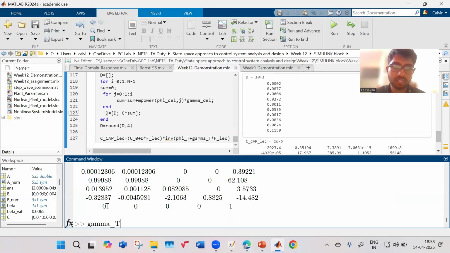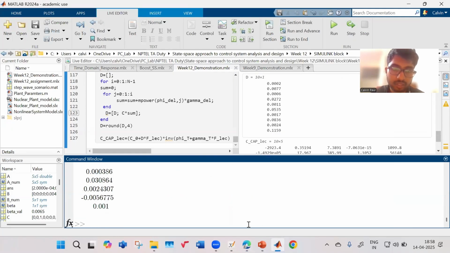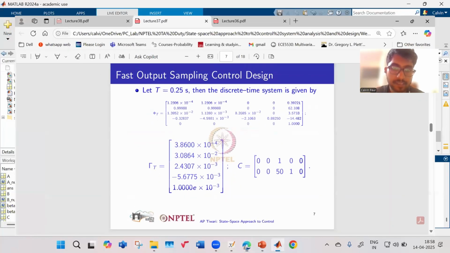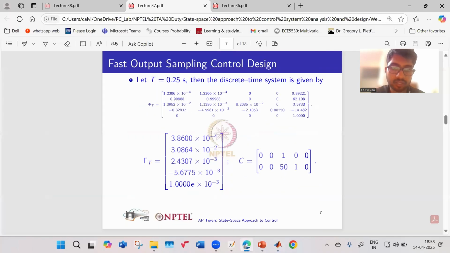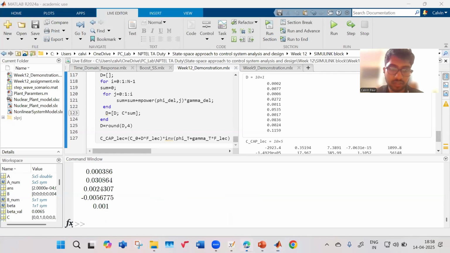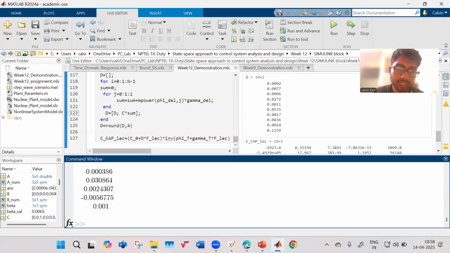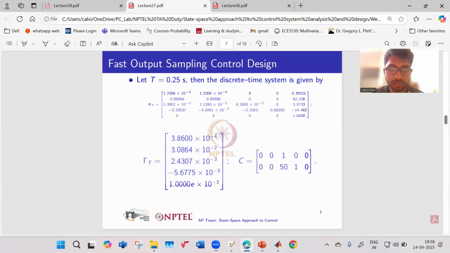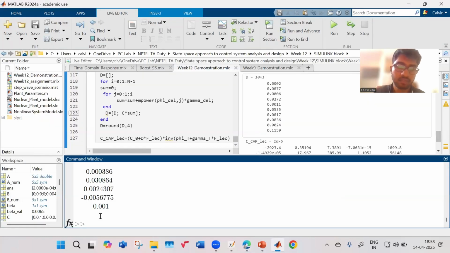Gamma underscore t is 0.00386. Okay, 0.0308644, 0.00243087, minus 0.0056775, 0.001. Okay, this also is correct. What is our C is also correct.